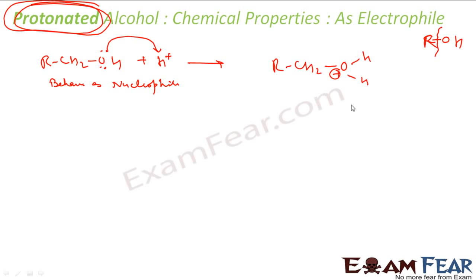Now OH2 is a good leaving group. In this case, this carbon behaves as an electrophile. So it is not the alcohol which is behaving as an electrophile, it is the protonated alcohol, and it has a positive charge.